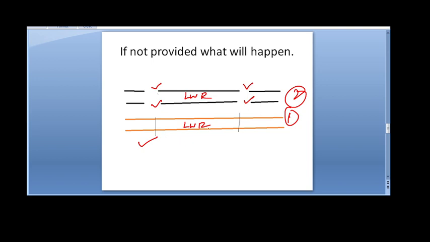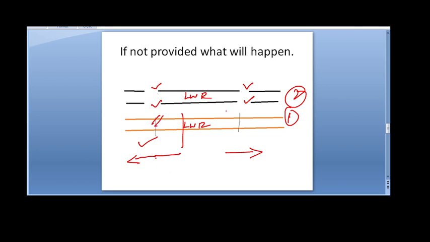If you don't provide SEJ, what will happen? This rail wants to expand. Expand means its length will increase. Now where will this increased length go? There is no space available for it to go.